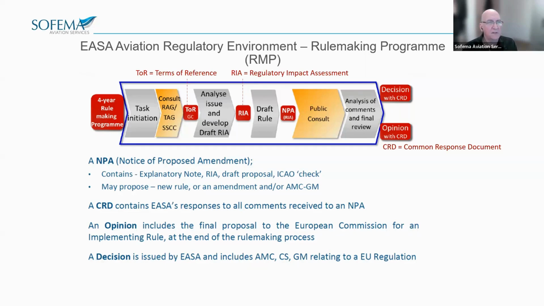A CRD, which is a comment response document, is a list or table of all of EASA's responses to all of the comments it received during the NPA process. So the industry stakeholders provide their input. That's all gathered together, so it's captured in the CRD.